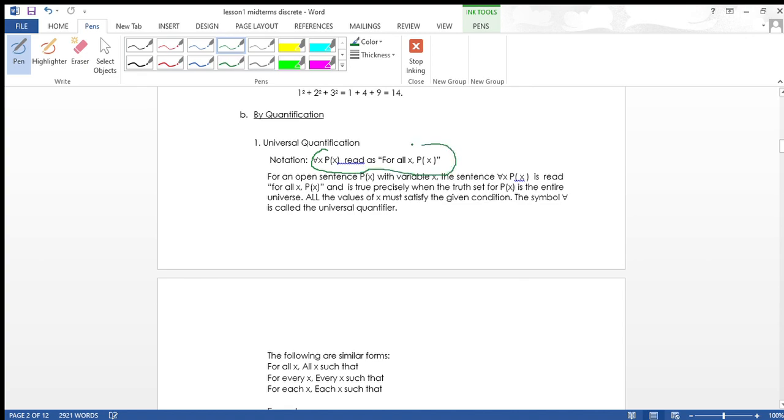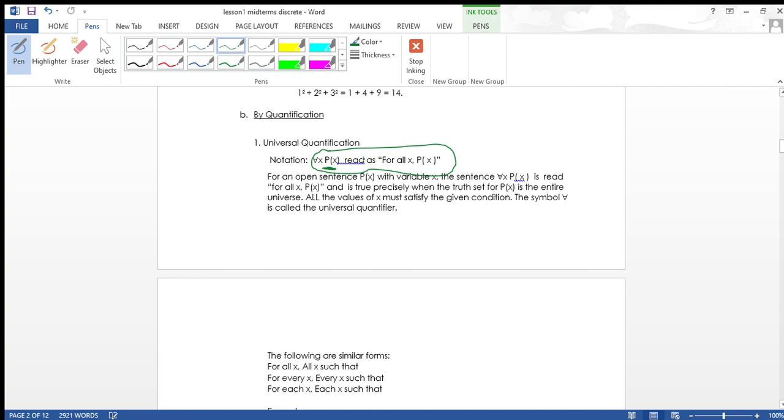Okay, so this is very important. We have the inverted capital letter A, that is read as "for all," and then it's followed by our variable x, and then we have our functional notation, p of x. So this is for all x in p of x.